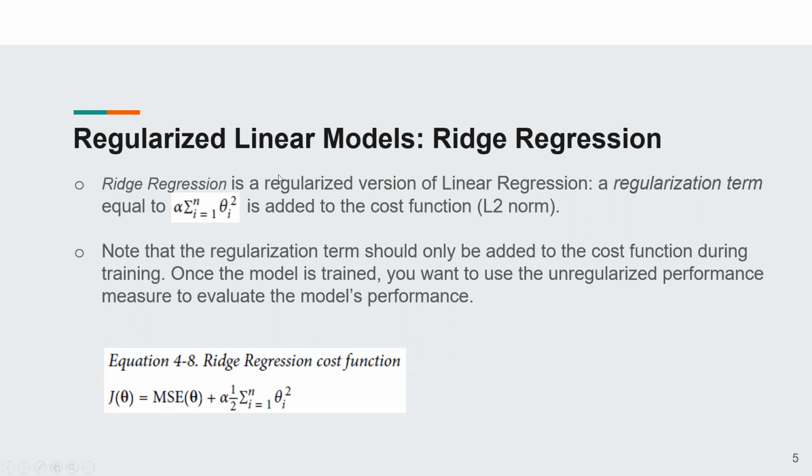But what is alpha? Alpha is something called a hyperparameter, which is something you would be able to adjust in your model. We'll discuss what exactly alpha is and how it's going to work.